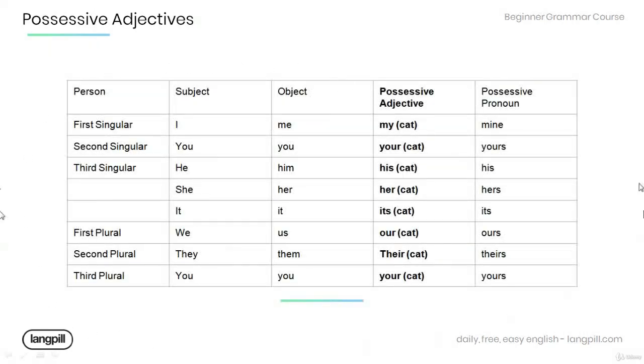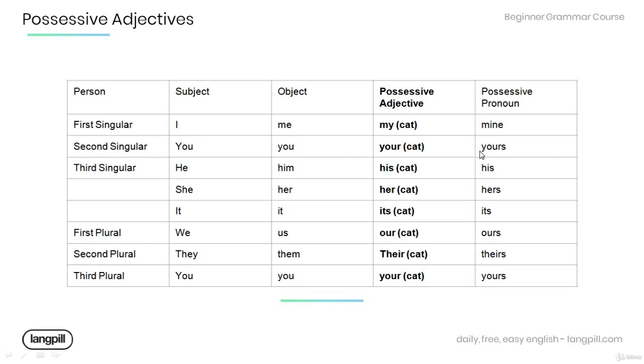Now let's have a look at the table below. In the first person singular, the subject is I. Object, me. The possessive adjective is my, as in my cat. Possessive pronoun, mine. In the second person singular, subject, you. Object, you. Possessive adjective, your cat.